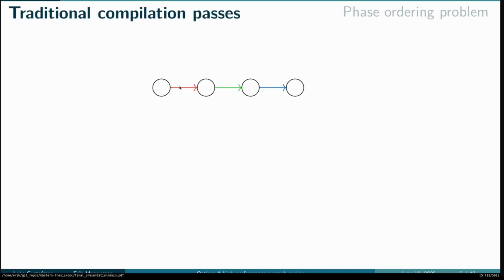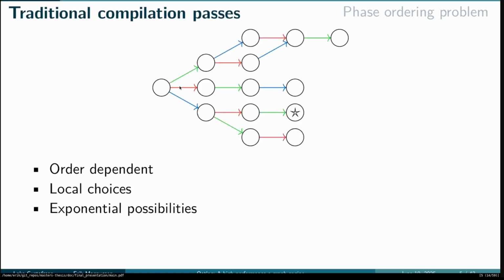Then we walk along a path, and hopefully we end up with something which is better. But in reality, we have seen that the world looks more like this. There are many choices. You may branch, and you may have things that end up joining again. Colors here illustrate different kinds of optimizations, and the key point is just that there are lots of colors, and colors may occur multiple times along a path.